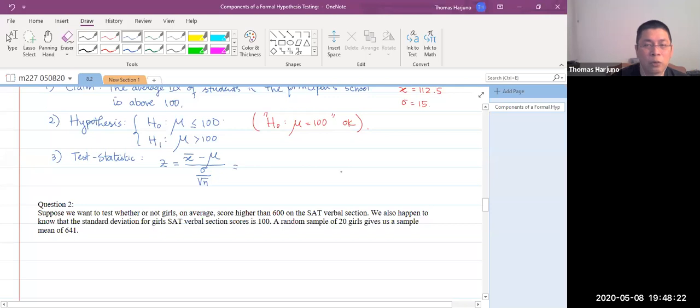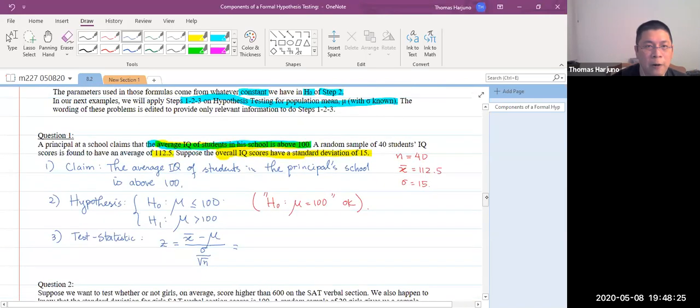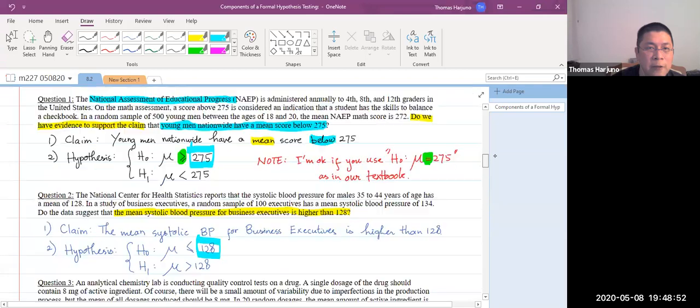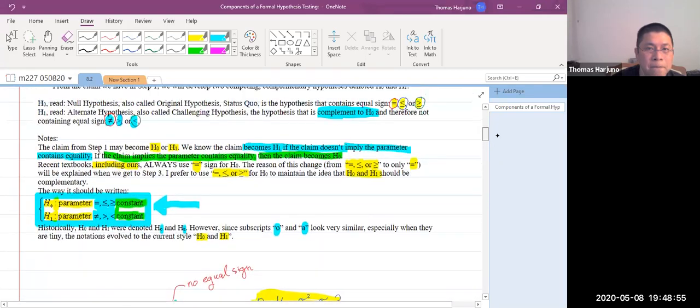Which is equal to, now let's see the wording. What is x bar? The sample mean is 112.5, and the comparison mu will be 100. Now, remember I said that in hypothesis testing, in recent textbooks, including our textbook by Triola, they always use the equal sign.